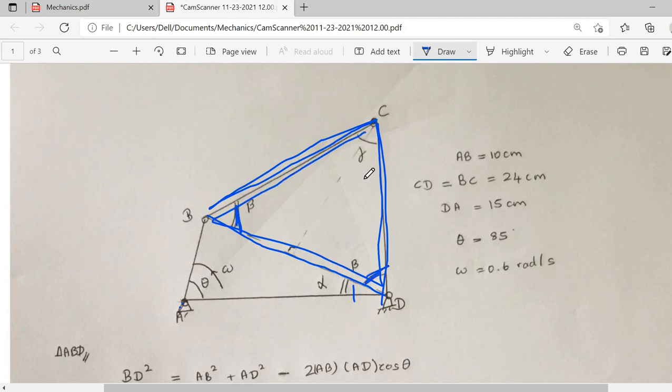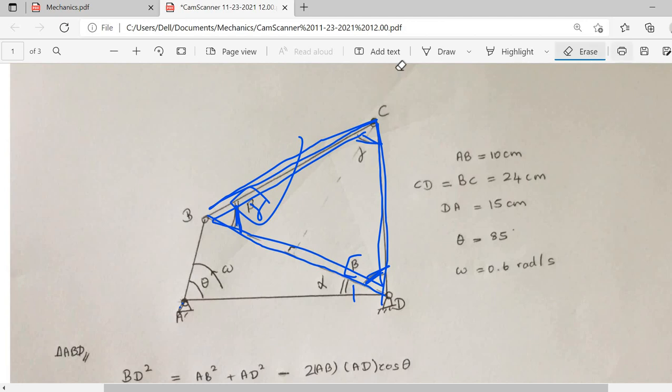We can either use the cosine rule to find all the angles individually. However, in this case, I have already got the same angle over here, so I can use an easier method.